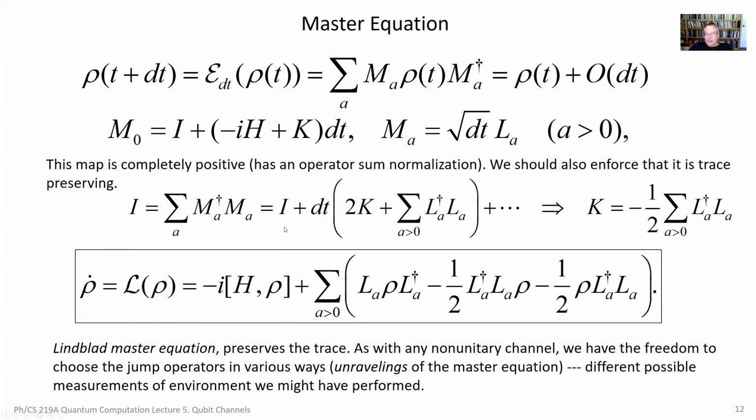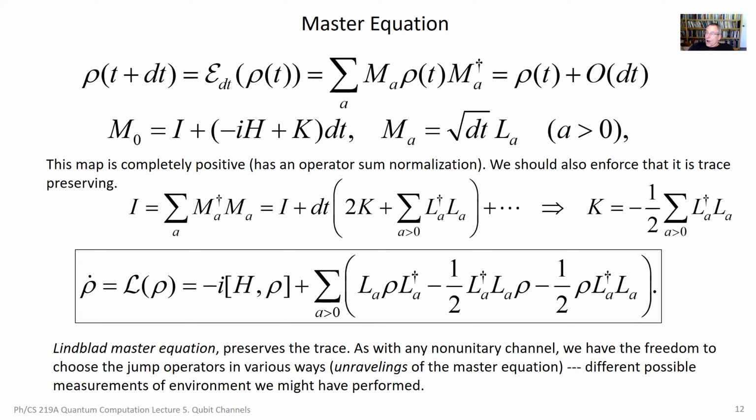When I take M0 adjoint M0, I get a term which is I plus dt times 2K plus something higher order in dt, which I'm not going to keep track of. dt is infinitesimal, order dt squared is negligible. I want to find the terms which are linear order in dt.